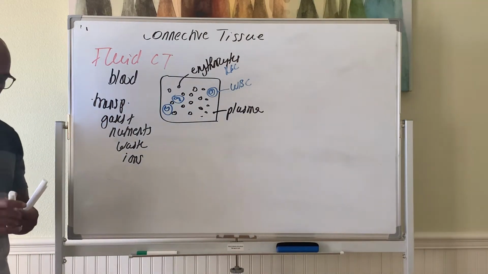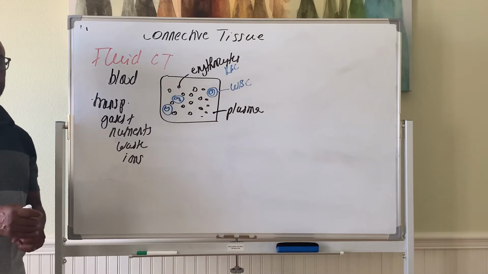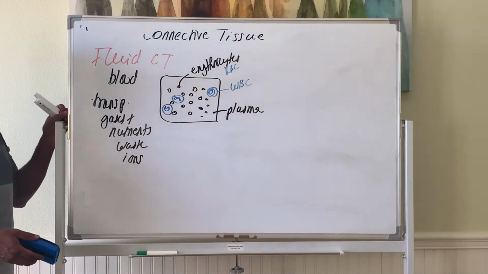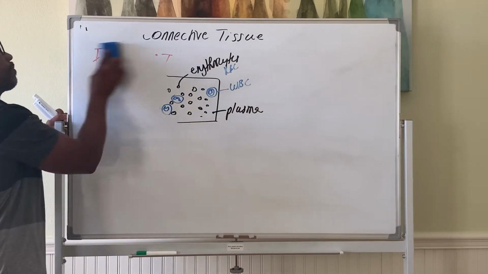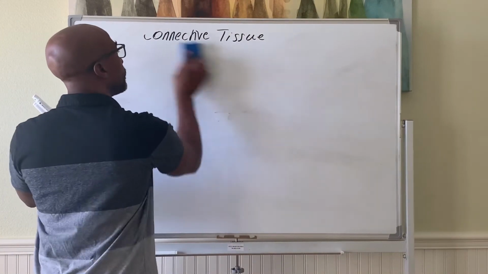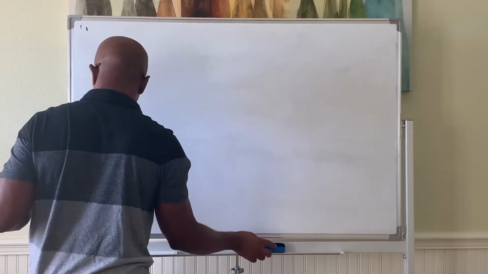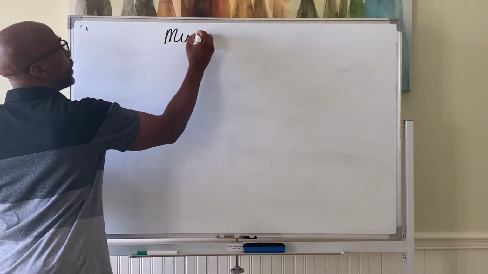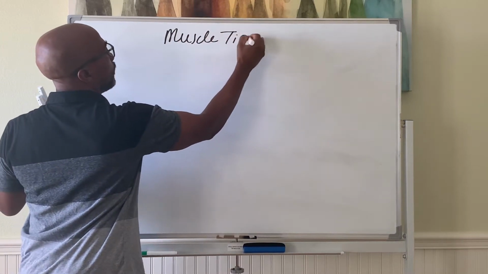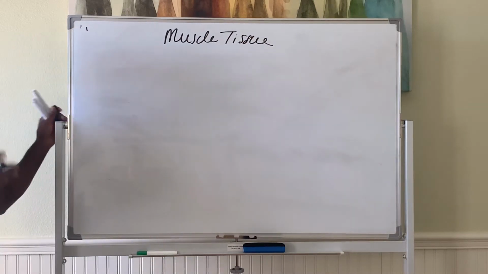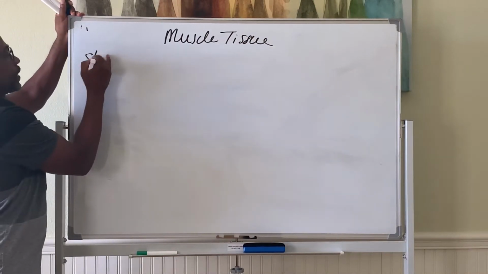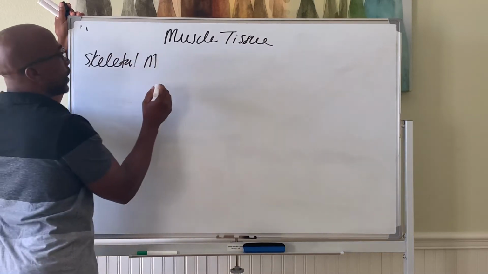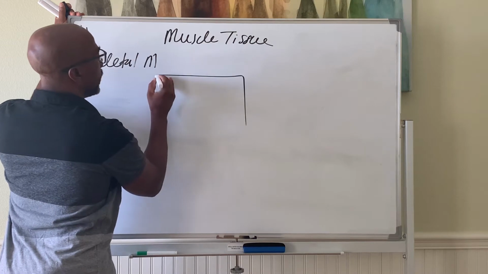All right, let's go next to the third type of primary tissue that we have in the body, which is your muscle tissue. Muscle tissue comes in three types. You have your skeletal muscle tissue. This is your tissue bed.